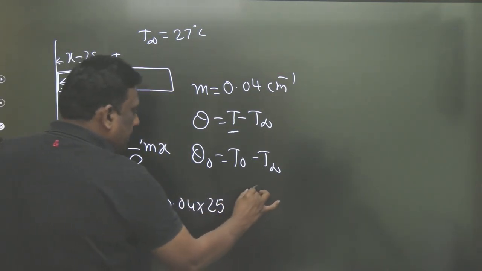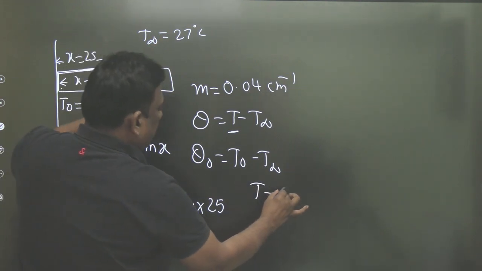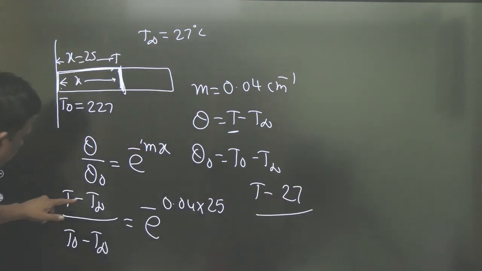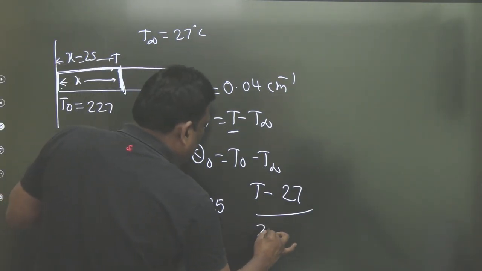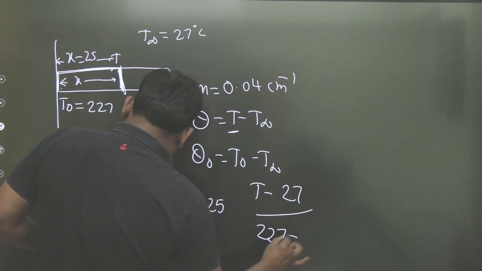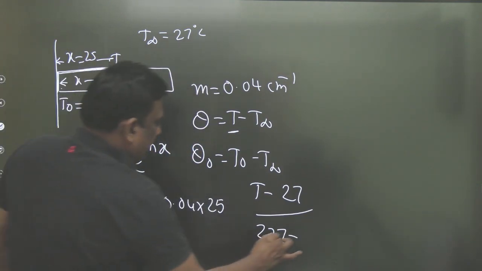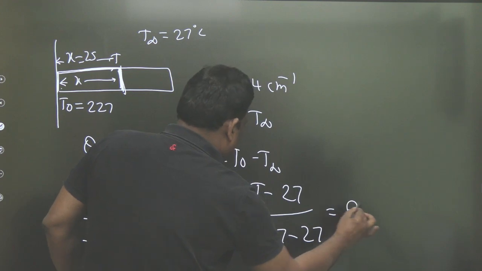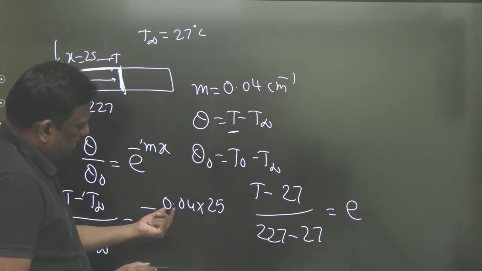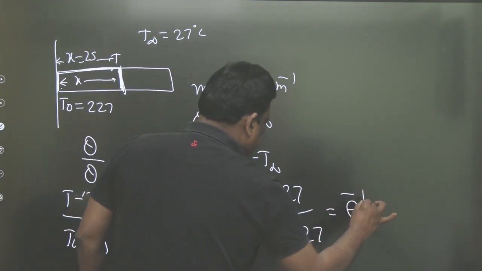So you will get T, and the ambient temperature is 27. If this is in degree centigrade, this will be in degree centigrade. T minus T ambient, that is T minus 27, by T naught minus ambient, that is 227 minus 27, is equal to e power minus 1, since 4 by 100 times 25 gives 1.